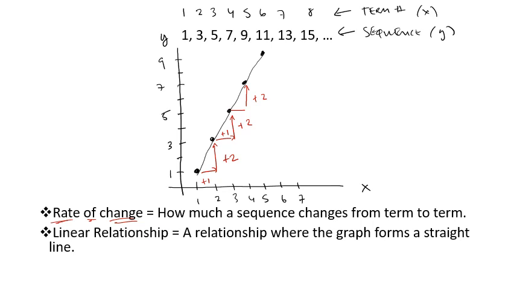If you wanted to go back to the previous example where we did plus 1 plus 2 plus 1 plus 2, if you want to take the time to graph that, you'll see that it doesn't form a straight line. It forms almost like a zigzag, like a jagged sort of pattern. So it's not a straight line. It forms that jaggedness, and so that shows a representation that it's not a linear relationship.